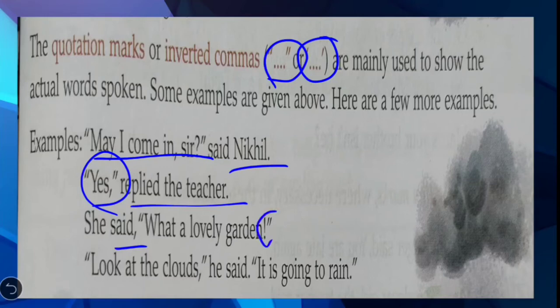The exact words of she are "What a lovely garden," that's why we put them in inverted commas. "Look at the clouds," he said, "it is going to rain." "Look at the clouds" is in double inverted commas. He said, "it is going to rain" is also in double inverted commas.